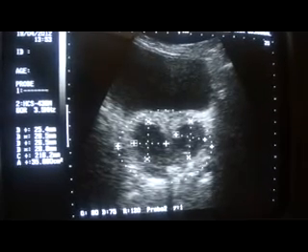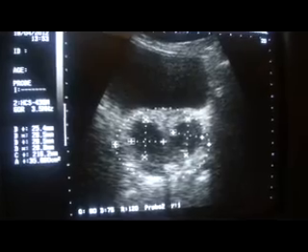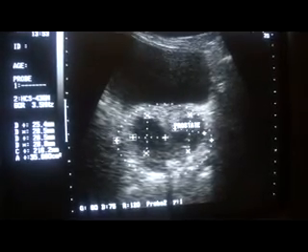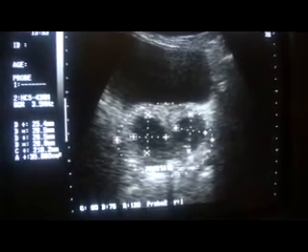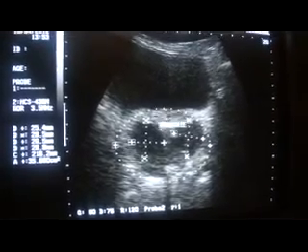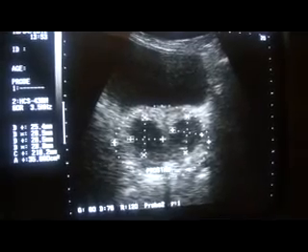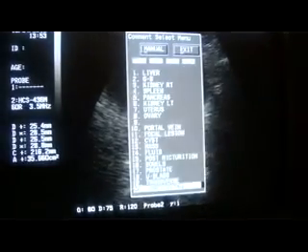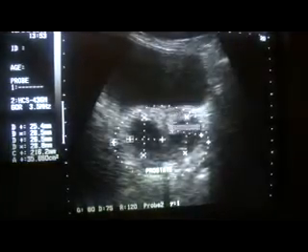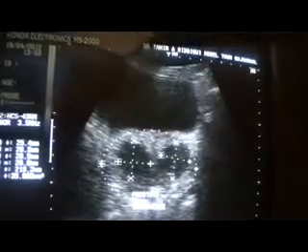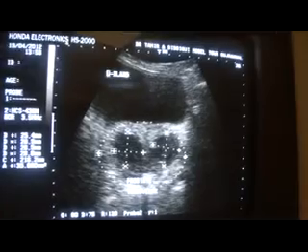This measures 40 millimeters into 37 millimeters, and the other one measures 31 into 23 millimeters. So you see one of them is here, the other is this one. You can make out both of them.